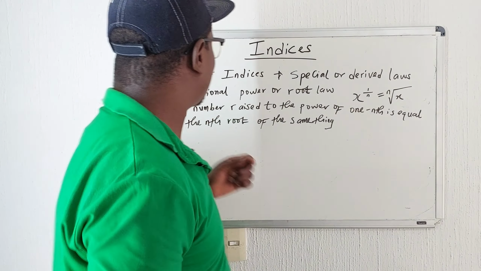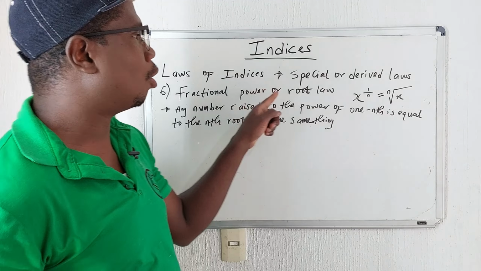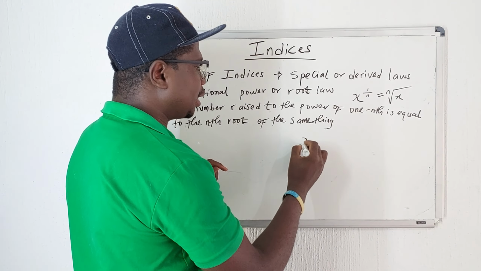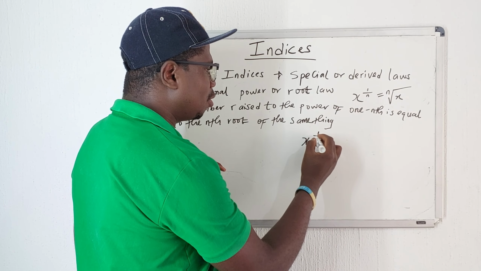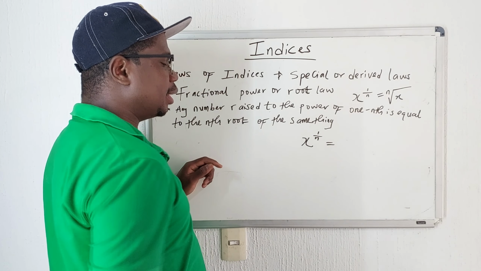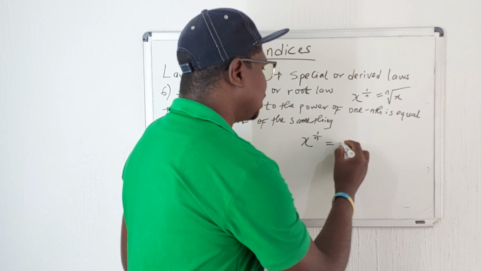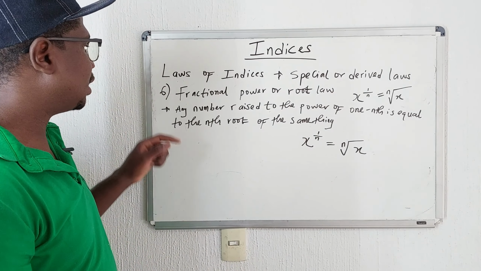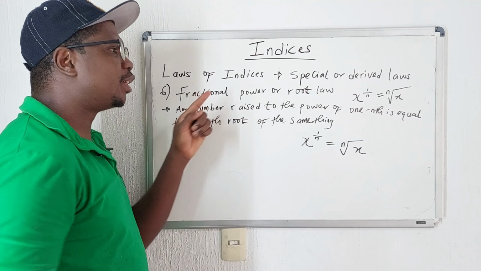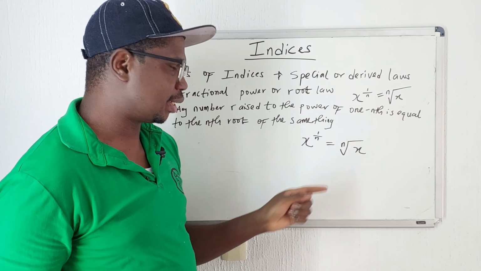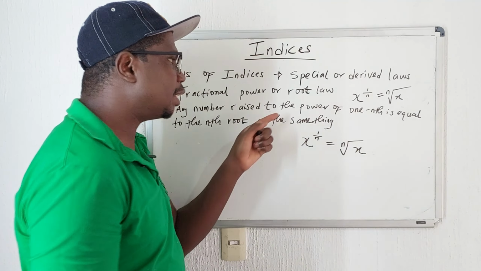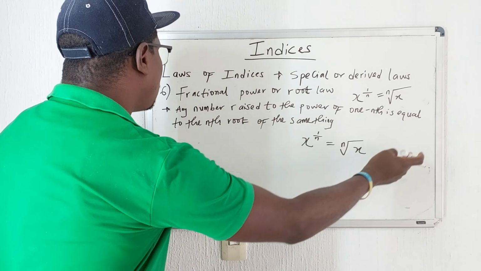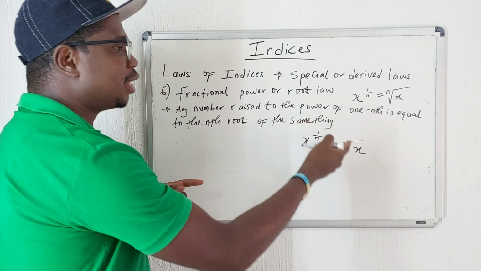Now for the next law, which we call the fractional power or root law, if we have something like this, x into 1 over n is the same thing as the nth root of the base. So what does this basically mean? It says that any number raised to the power of 1/n is equal to the nth root of the same thing.